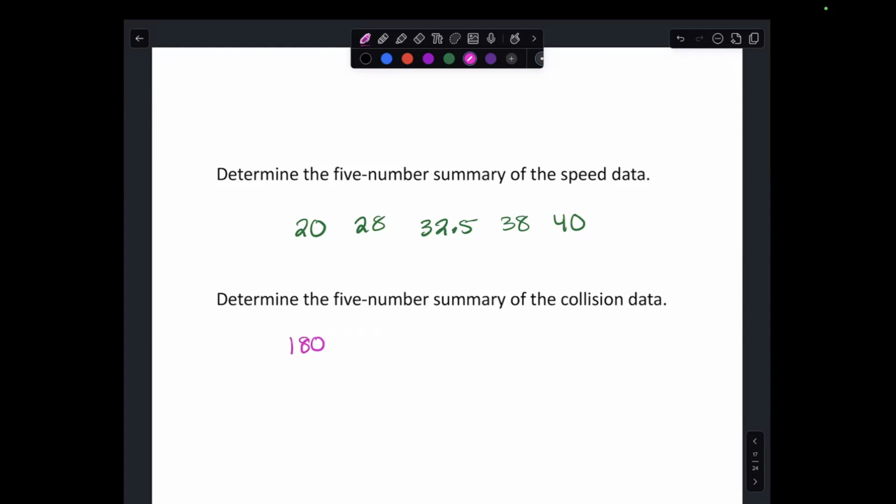My highest number for the collision data, 21,147. The median, 1805. Q1, 735. And Q3 is 4668.